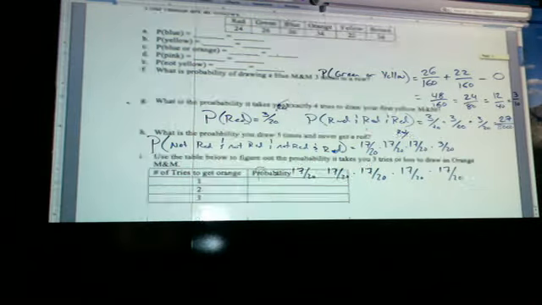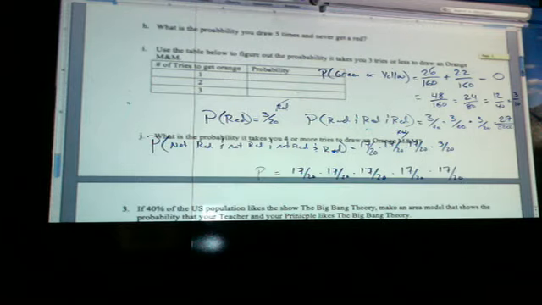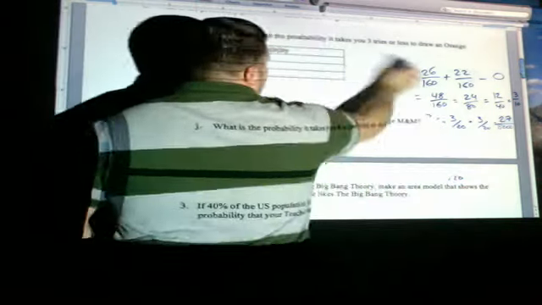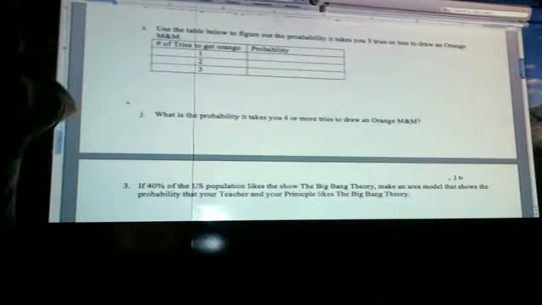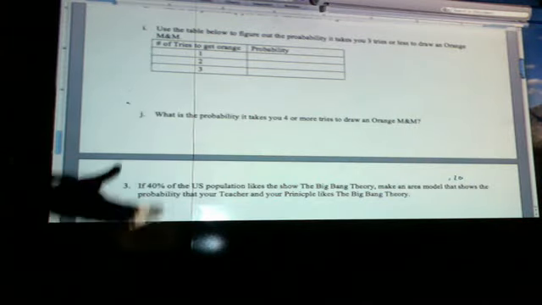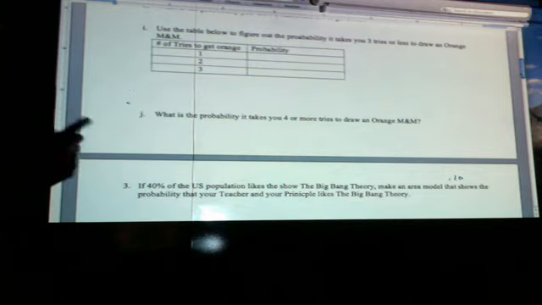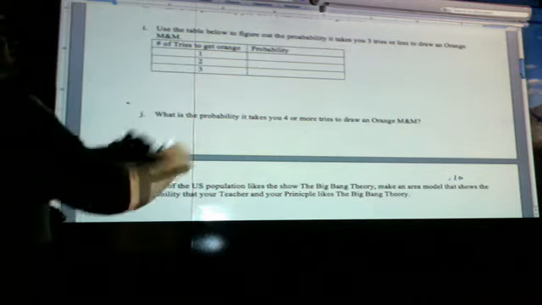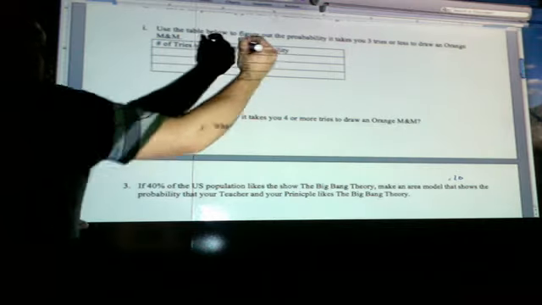Now if we go further down the page, for I and J, we can find some more probabilities. I is still consecutive probabilities, so it's everything we've been doing before, but now I'm looking at it takes 3 or less to get an orange. If it takes 1 try, that means I got an orange on the first try.